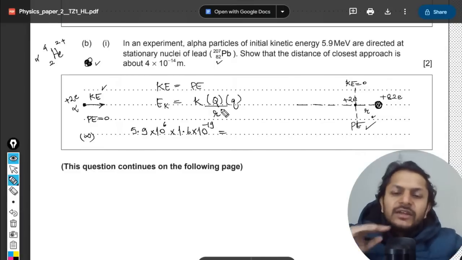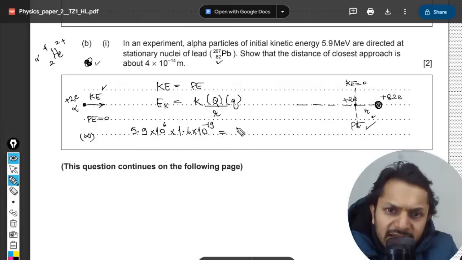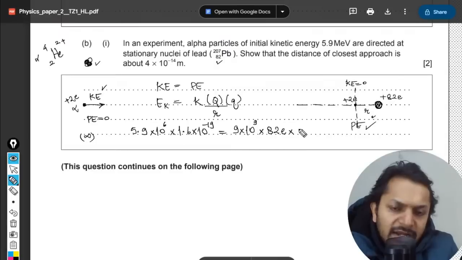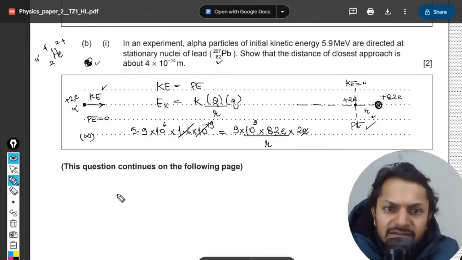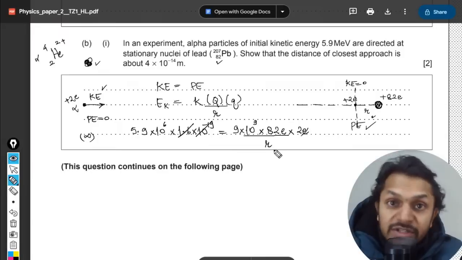Anyways, it is the same thing because we want the same unit on both sides. And the k value is 9 times 10 raised to power 9. Capital Q value is 82e, and small q is 2e, divided by r. So this e and e can be cancelled. Accordingly, we can find the value of r from this expression.